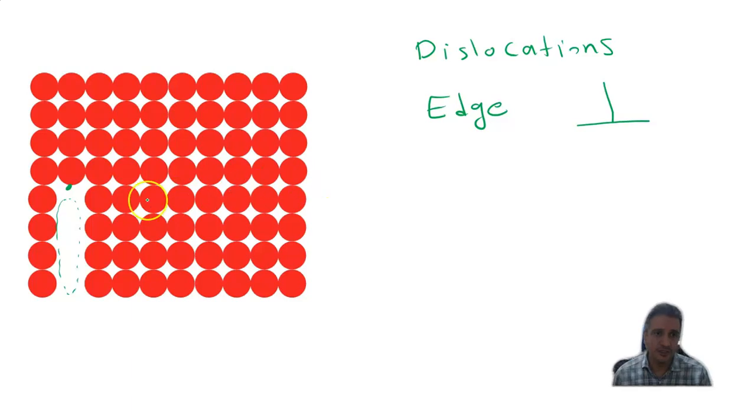But how does this dislocation facilitate plastic deformation? Imagine we apply a shear stress in this direction. By applying this shear stress, recall the movie that I showed you in the beginning, the movie of the worm, how it moves its body.